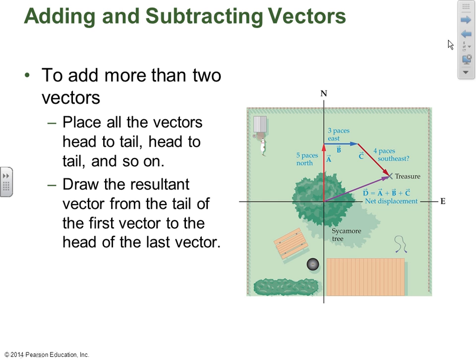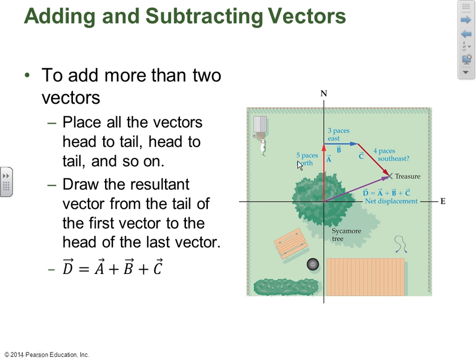So this purple vector, which is now labeled D, these arrows on top just represent that it's a vector quantity, right? The vector D represents the sum of A plus B plus C, okay?